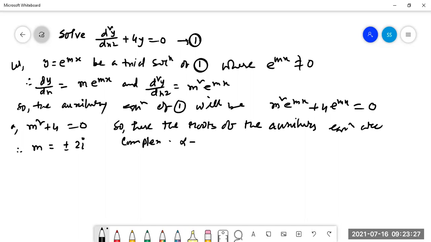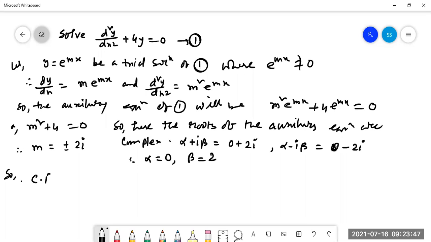So alpha plus i beta is equal to 0 plus 2i, and alpha minus i beta is equal to 0 minus 2i. So here alpha equal to 0 and beta equal to 2. So CF equal to, we know that when the roots are complex conjugate, e to the power alpha x (C1 cos beta x plus C2 sin beta x).